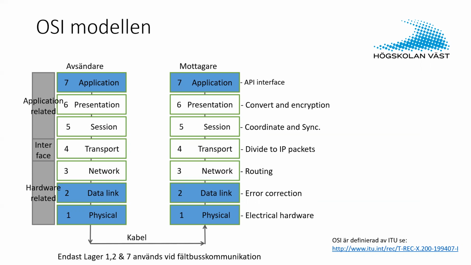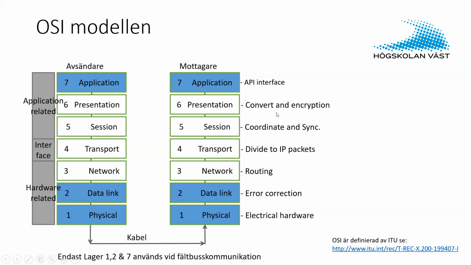Most common are the physical layer and data link layer. Physical is the electrical hardware. Data link is responsible for actually getting data over a link, point to point. And the network layer is in a larger network where you have multiple hops and you need some kind of routing.